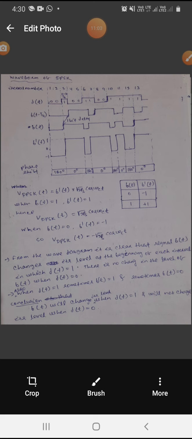So sometimes when dt is 1, Bt is 1, and sometimes it is also 0 at the time of dt being 1.